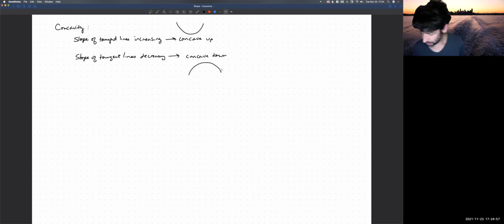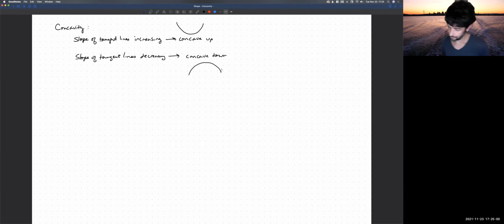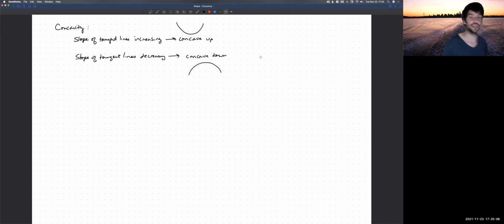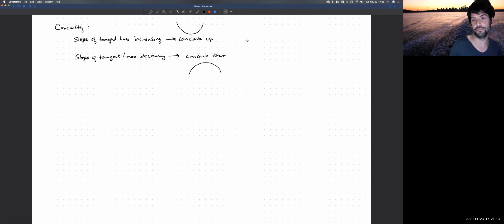Now, what does it mean if the slopes of the tangent lines are increasing? What tells us about the tangent lines? The derivative does. So the slopes of the tangent lines increasing means f prime of x is increasing.